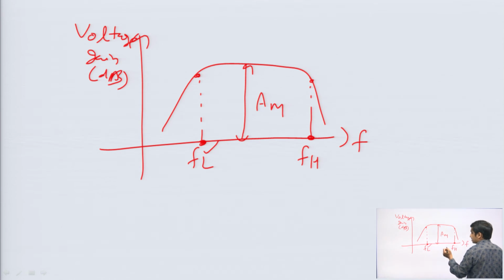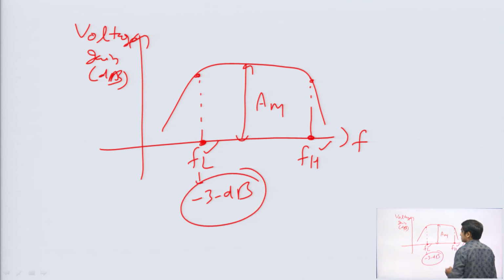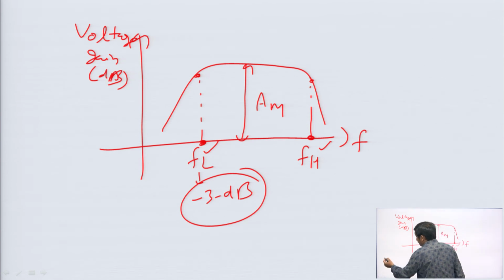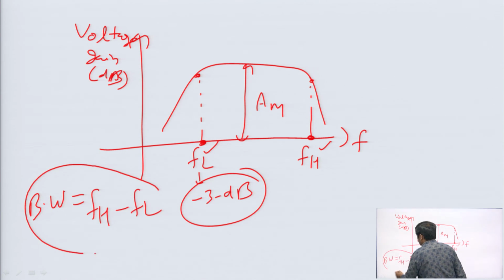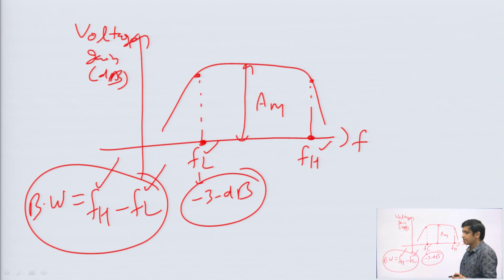FL is called the lower 3 dB frequency, FH is called the upper 3 dB frequency, and these are also called minus 3 dB frequencies. From here we calculate the bandwidth of the common source amplifier, that is FH minus FL, upper corner frequency minus lower corner frequency.